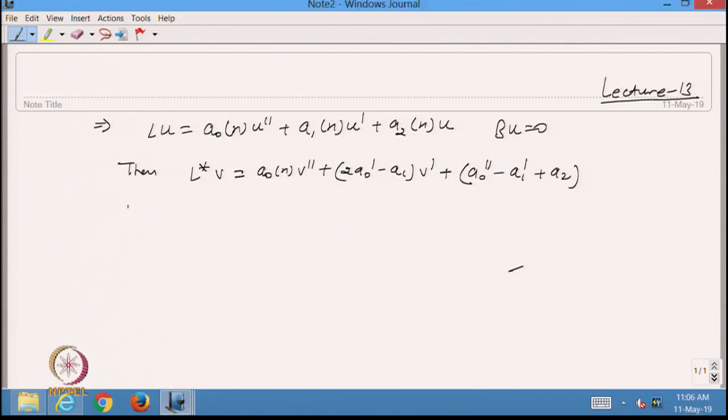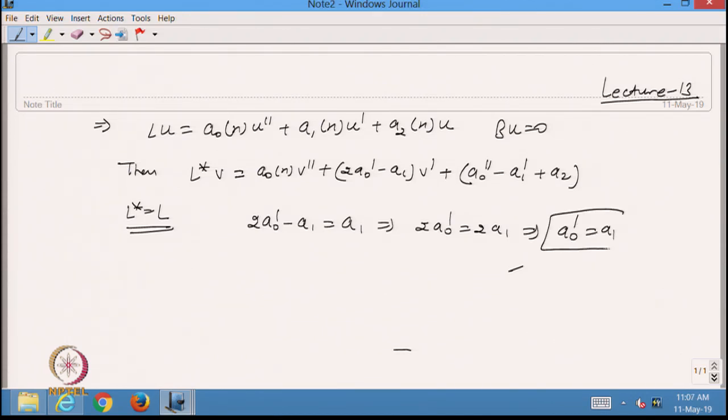Now, what if I want L star to be equal to L? This is the definition of the self-adjoint operator. From here I can say this is possible when 2 A naught dash minus A1 is equal to A1. So 2 times A naught dash should be equal to 2 times A1, that is, A naught dash should be equal to A1.